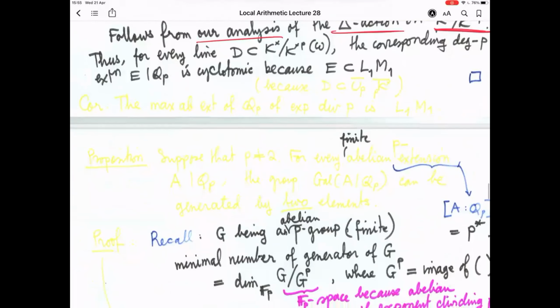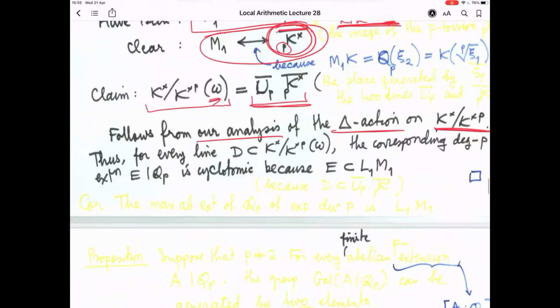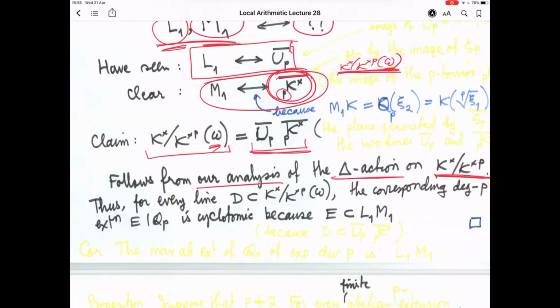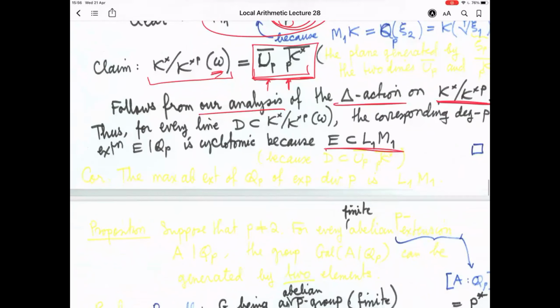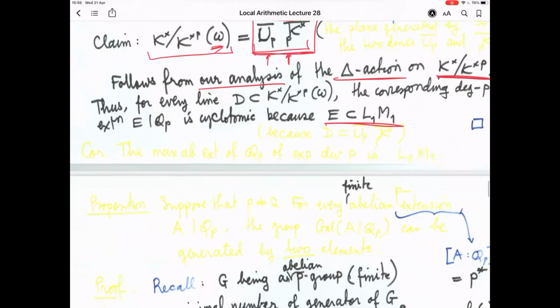So any line in that omega eigenspace, if I take the corresponding cyclic degree P extension of QP, then it's contained in the compositum L1, M1 corresponding to these two lines. So that proves this fact that E is contained in L1, M1.